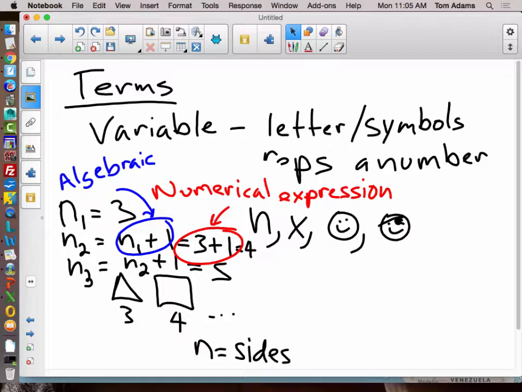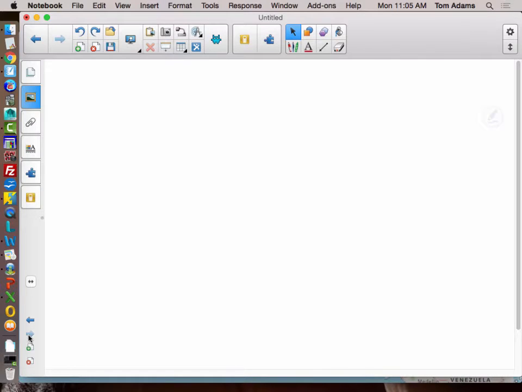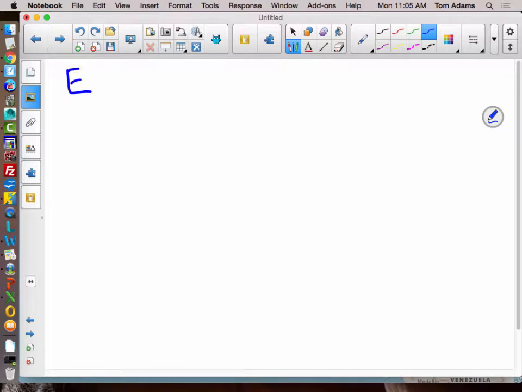So the one in blue is an algebraic expression. The one in red is a numerical. Numerical doesn't have a variable. So all the math you learned up into algebra or pre-algebra had no variables, no letters. That was all numerical stuff. As soon as you put a letter in there, it becomes algebraic. Okay? All right, so now we're ready to do example number 2.